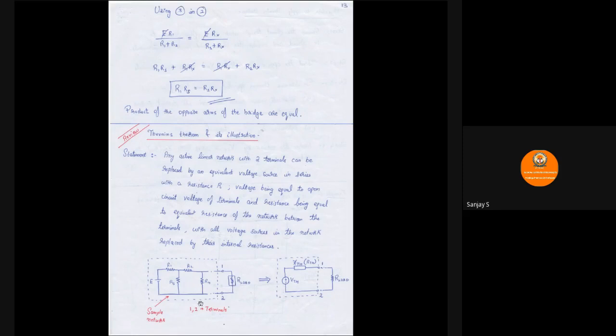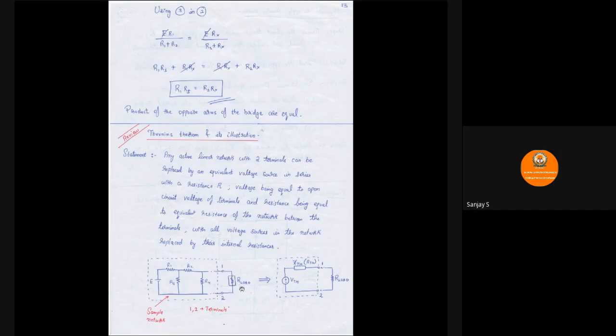Just have a look at this circuit diagram below. This is a sample network I have taken. You have source voltage E, you have R1, R2, R3 and R4, and then you have another resistance called the load resistance.